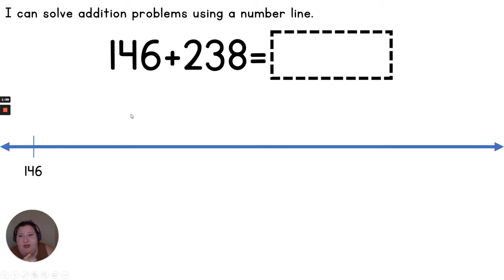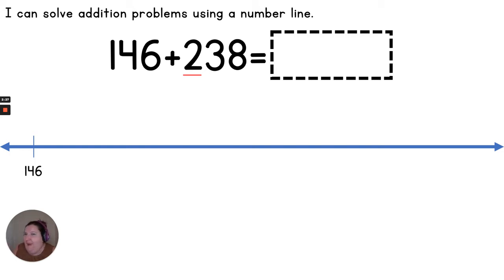So I'm going to look here at my number. I have a 2 in the hundreds place, so I know the value of that digit is 200. I'm going to add 200 to this number first. If I know what 1 plus 2 is, I can use that to quickly add 100 plus 200. 1 plus 2 is 3, right?